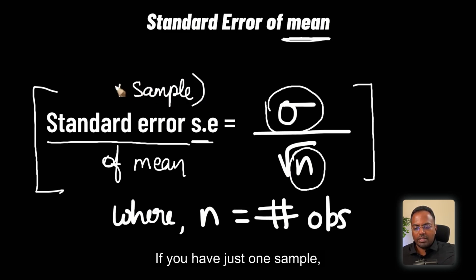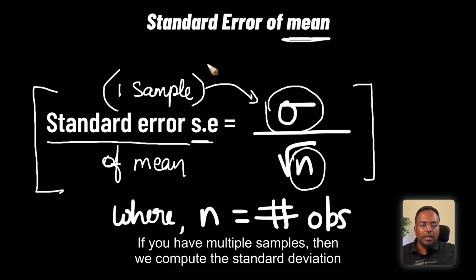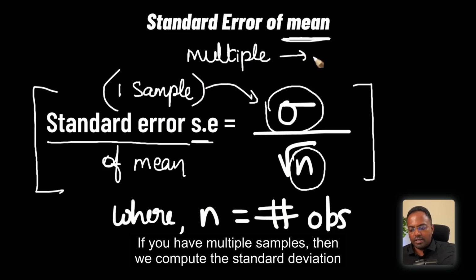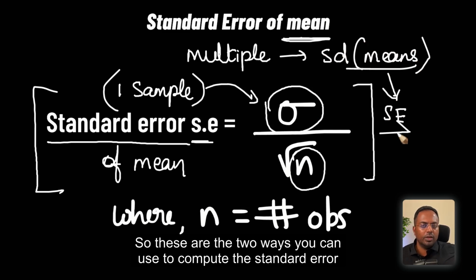If you have just one sample, simply apply this formula to compute the standard error. If you have multiple samples, then we compute the standard deviation of the means of those samples to compute the standard error. So these are the 2 ways you can use to compute the standard error.